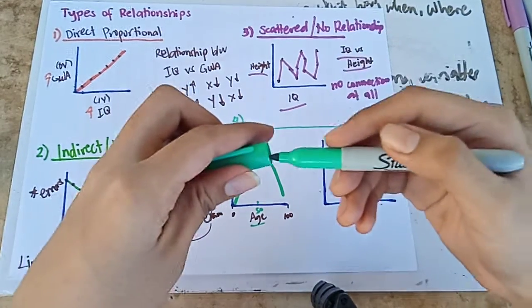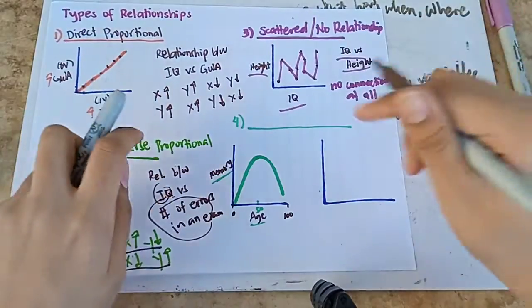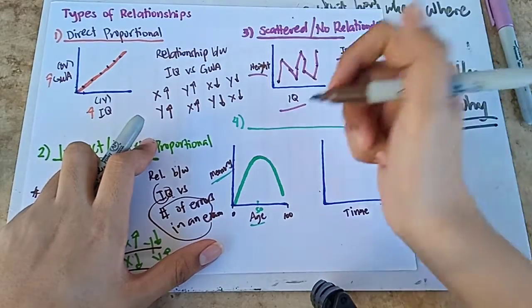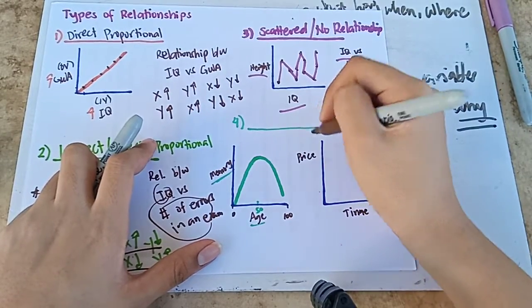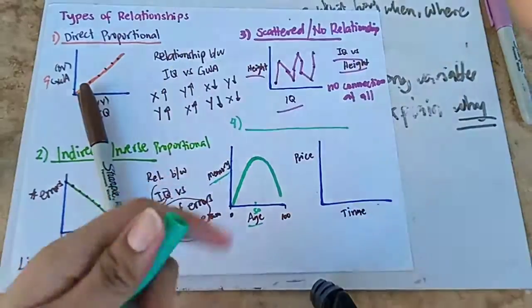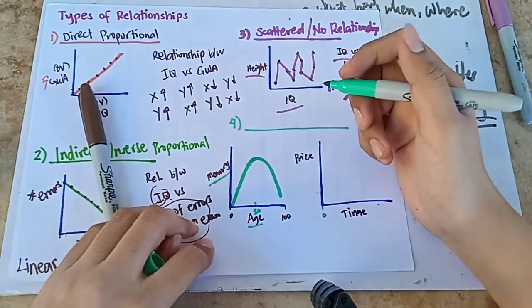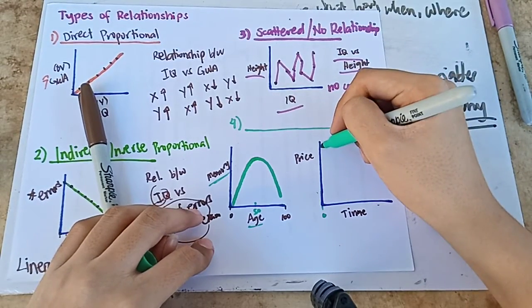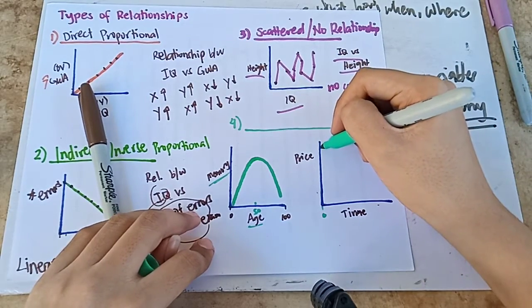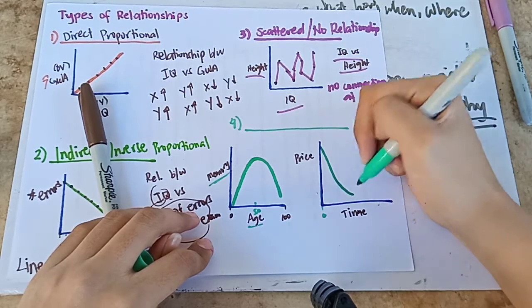Let us have another example. Let's say we are to determine the relationship between the time and the price of an item. The first time it was released to the public, the price is still higher. But as time goes on, prices decrease. There will be discounts and so on.